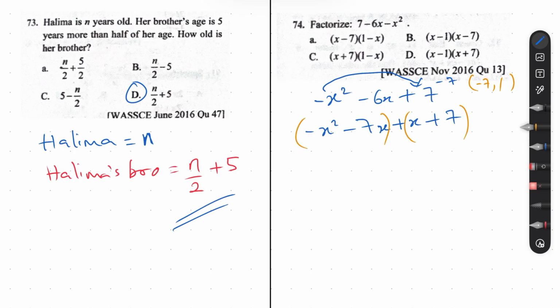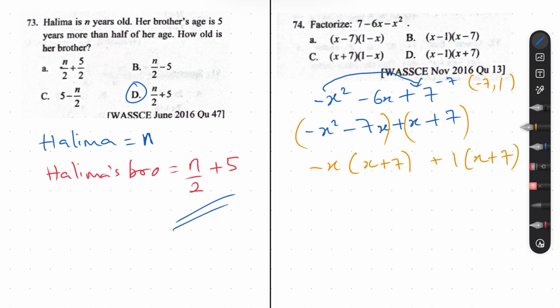Right here we can factor x out. Actually, we can factor negative x out. So we have negative x, and then in the bracket we are left with x plus 7. Then here we have plus 1 multiplying x plus 7.